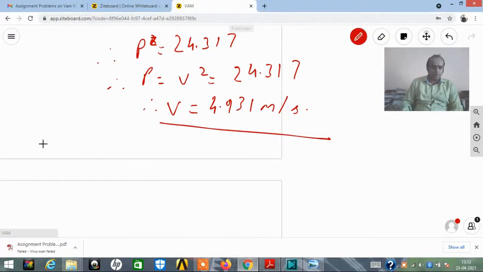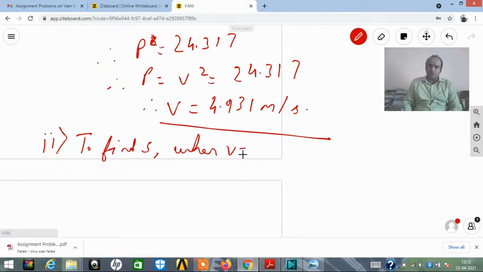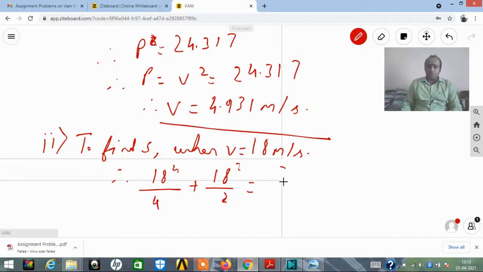Therefore 18 raised to 4 by 4 plus 18 square by 2 is equal to 8 into s.